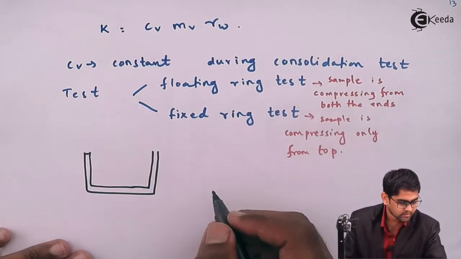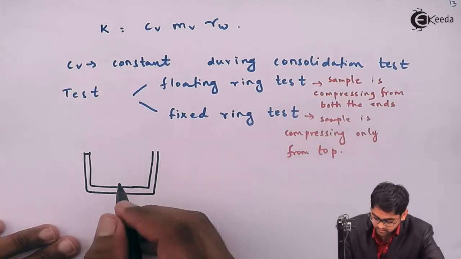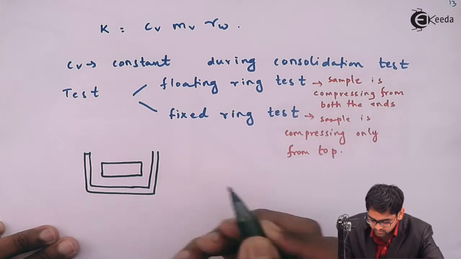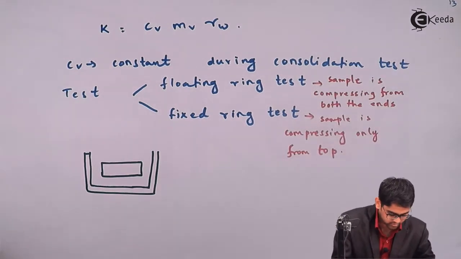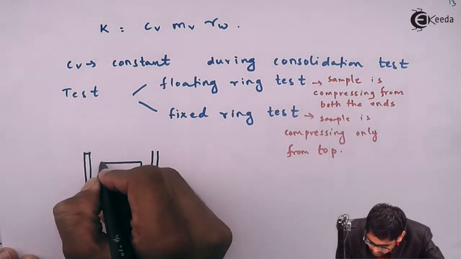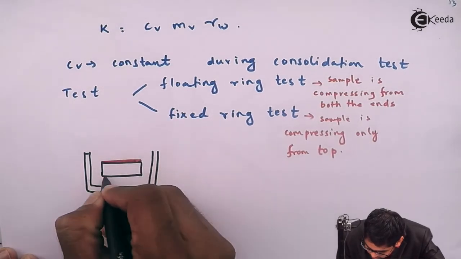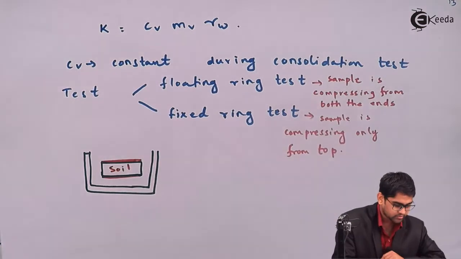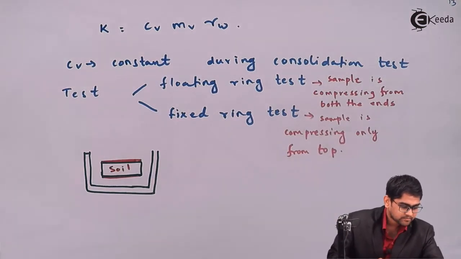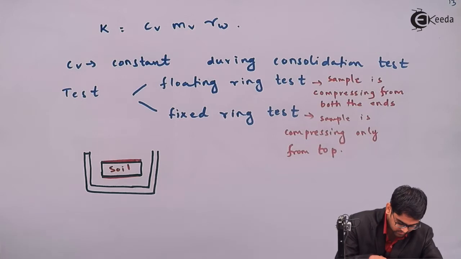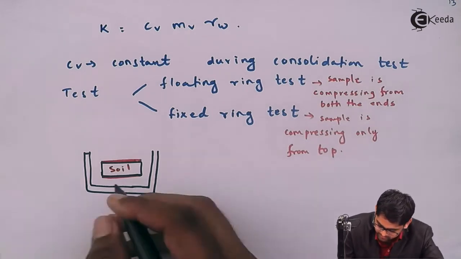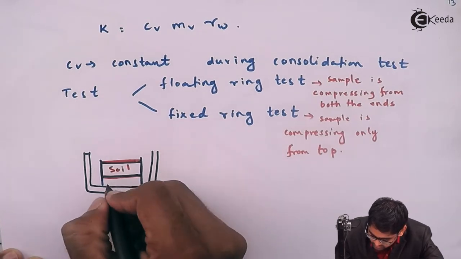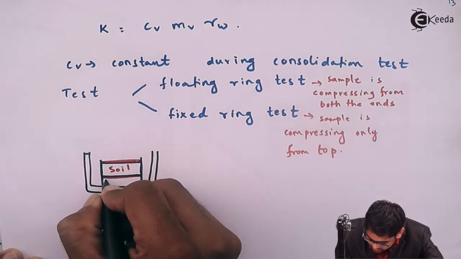This is the container, and the soil is placed inside the container, and the porous stones are also placed at the top and the bottom of the soil. So this is the soil, these are the porous stones, and this particular sample is kept in an assembly.